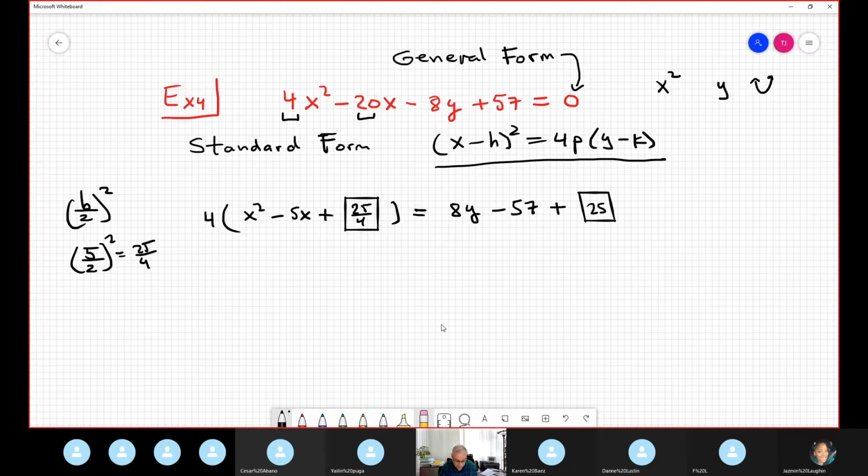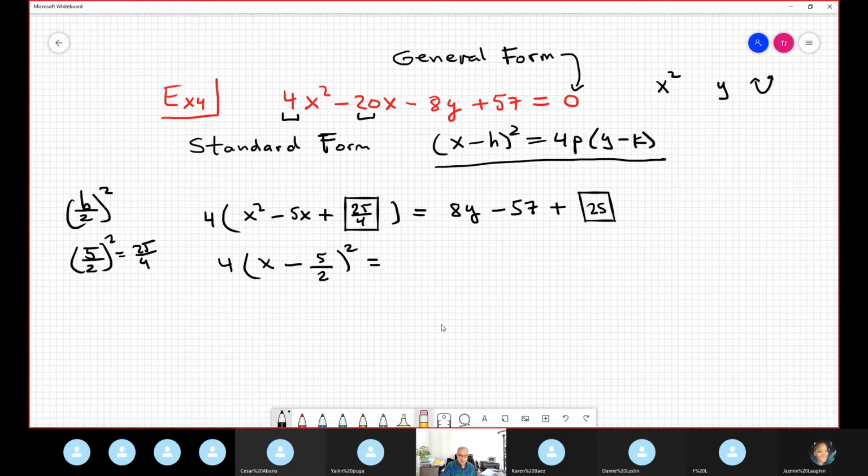Okay, let me try to finish. So now we have 4 times the trinomial, which is one binomial squared because it's a perfect square, and the perfect square factorization is always two identical twin brother factors. It is x, the square root of this guy, and the square root of this guy, 5 over 2. And the sign is minus here because it's minus here.